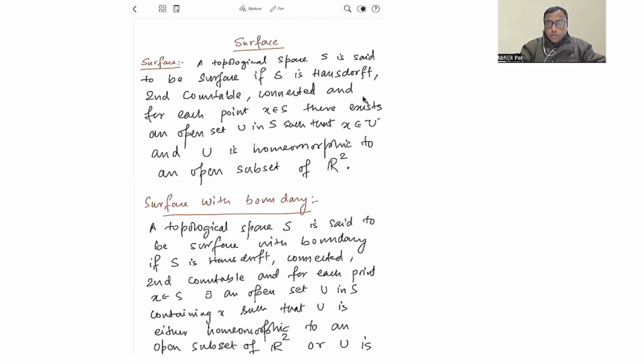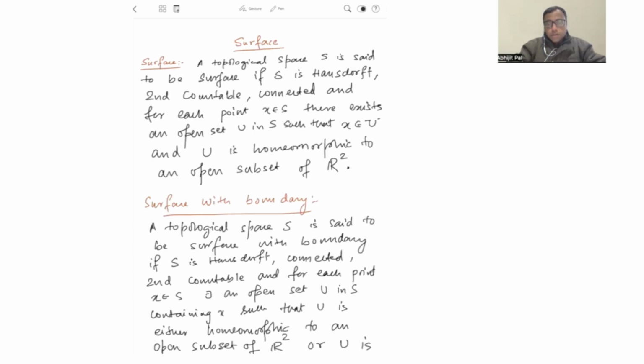Let us first go through the definition of a surface. You start with a topological space S. That is said to be a surface if it is a Hausdorff space, if it is second countable, meaning it has a countable basis, it is connected, and for each point of this surface S, there exists an open set U containing that point, and that open set U is homeomorphic to an open subset of R2.